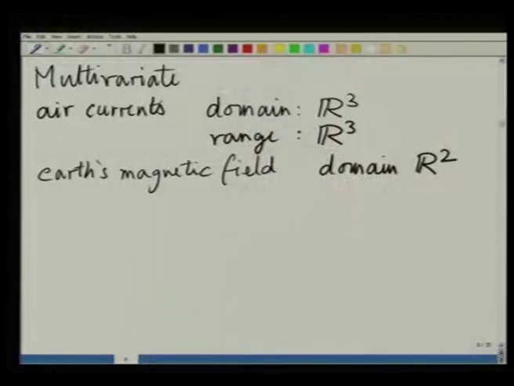If we assume that the Earth's magnetic field is confined to the horizontal plane at each point on the surface, then we only have to give the direction of the magnetic field as so much component in the northern direction, so much component in the eastern direction or western direction, whatever, and this is all we would require to do. If therefore, we assumed that the magnetic field is confined to the horizontal plane, something which is certainly not strictly true, then we would simply have a range which is also two dimensional.